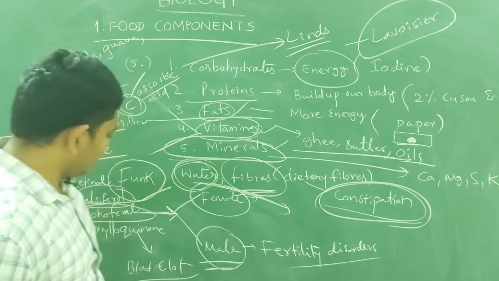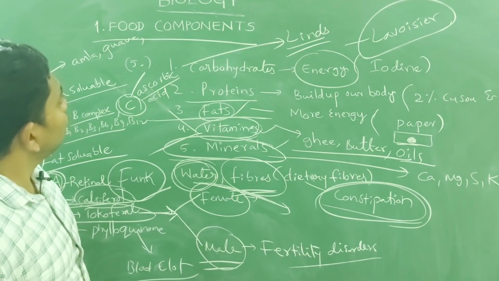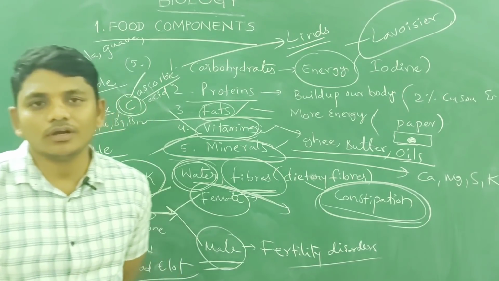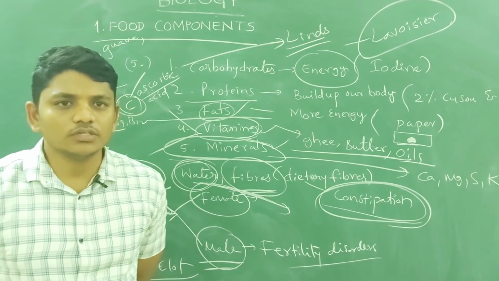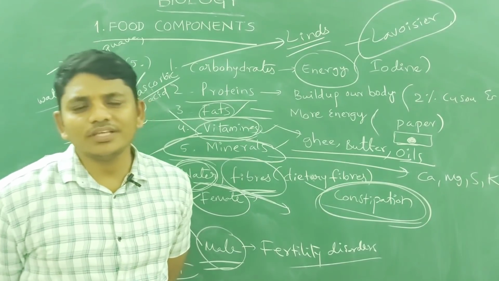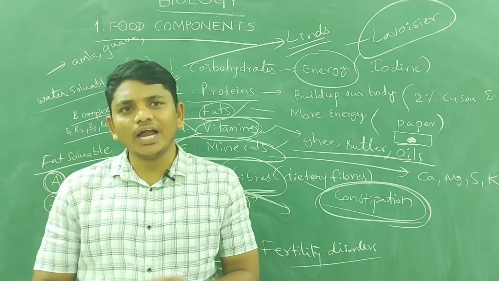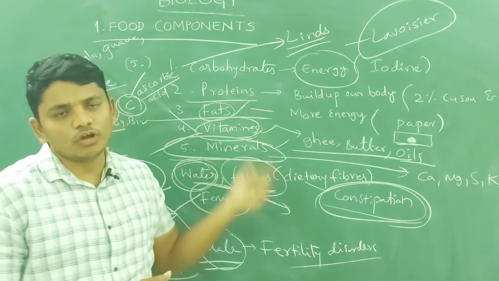Here we finished the concepts regarding food components. All these food components are very much needed by our body for different functions. And one more thing, for our good health we have to take adequate quantities of these components.